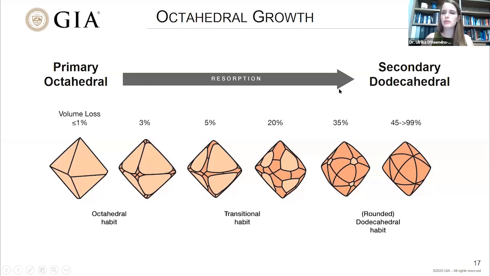The fluids that the diamonds are in, in the mantle or during transportation in the kimberlite, can etch the diamond. As the resorption occurs, it etches out all the edges until eventually you end up with a dodecahedral shape. These are some of the most commonly observed crystal structures for natural diamonds.